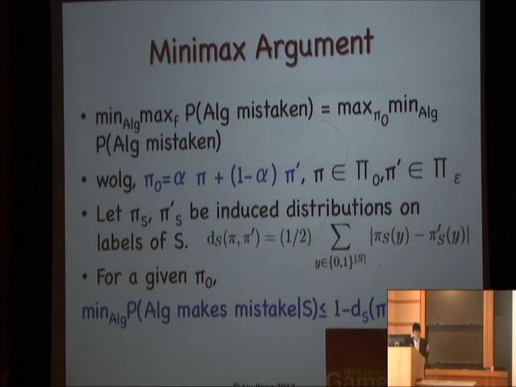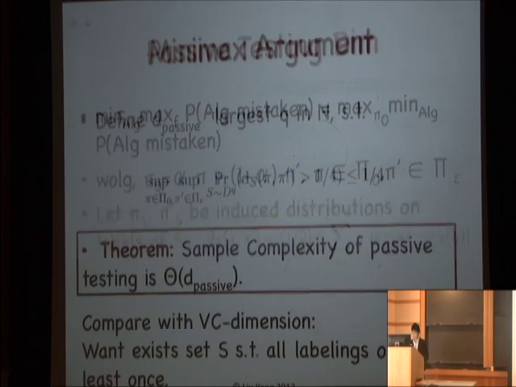This is interesting for us because for a fixed sample S, supposing the algorithm gets all the labels of the examples in S, the Bayes risk is at most 1 minus d_S(pi, pi prime). So now it all gets pinned down to this particular quantity.